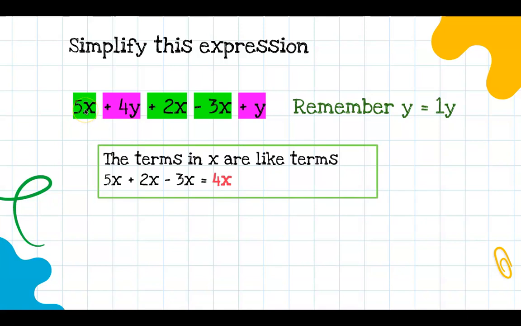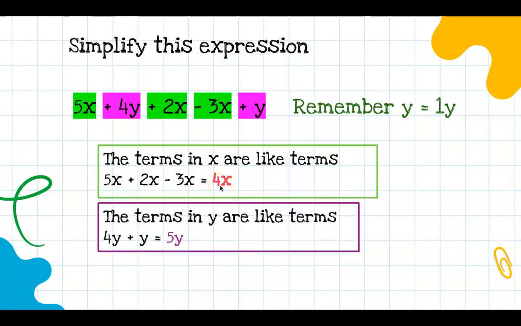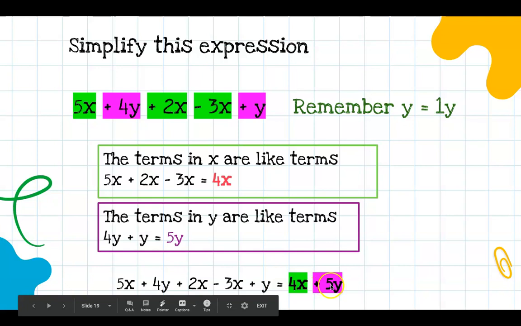So 5x, those highlighted in green, are like terms: 5 plus 2 is 7, minus 3 is 4, and then I just copy the x. It's 4x. Then the last set of like terms is 4y and y. 4 plus 1 is 5. Then just copy the variable y. Now combine these two terms so that your final answer is 4x plus 5y.